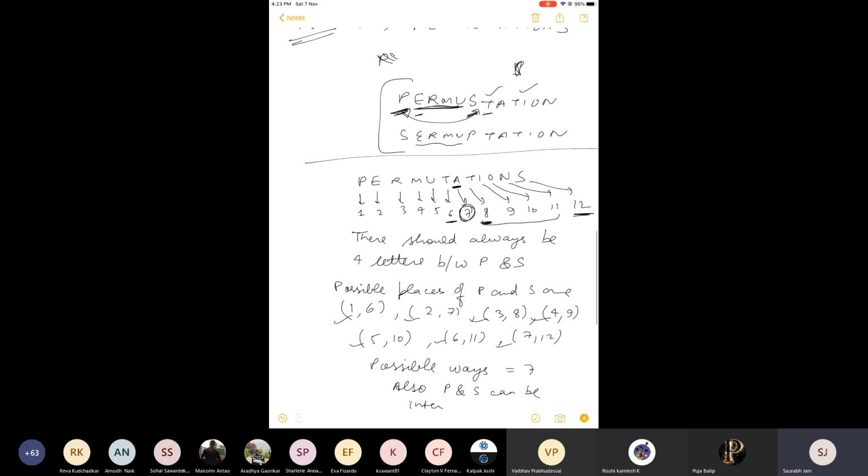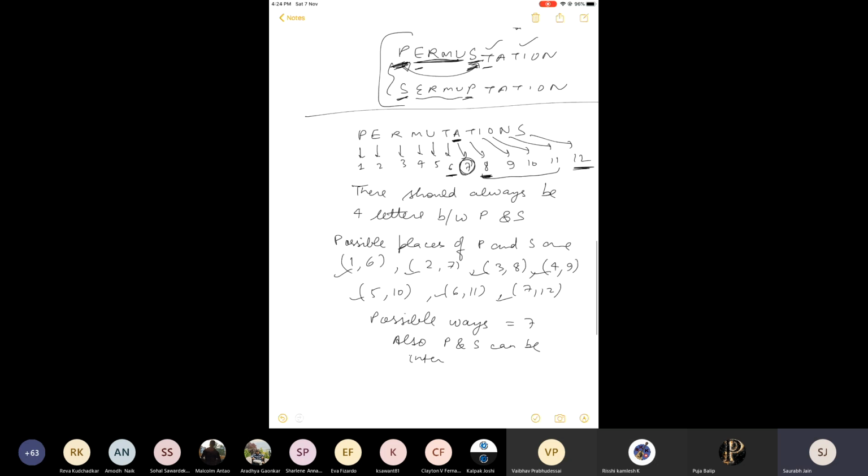So basically, these two can interchange their position also. Whenever I have taken P earlier and S later, now these two can be interchanged. As a result, now number of possible ways are 14, because there are 7 other ways. In that sense also, S and P will have 4 alphabets between them.